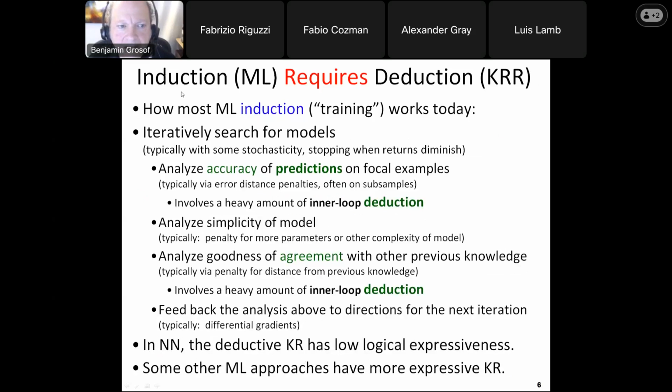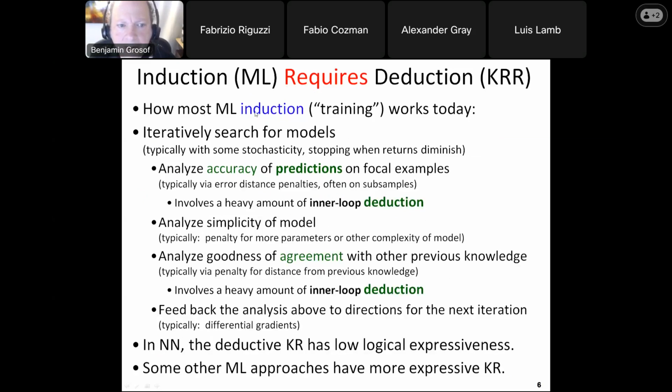Now, let's think about the relationship of induction and deduction. A very important one is that induction in machine learning requires deduction. So let's take a very high altitude view of ML.